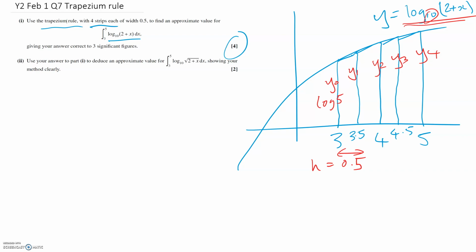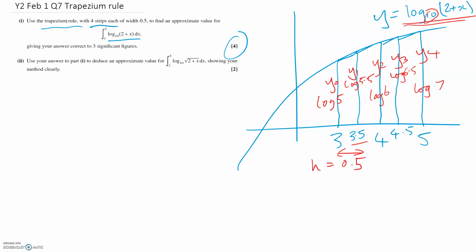So when x equals 3.5, you're going to get log 5.5. This is going to be log 6. This height y3 is going to be log 6.5, and this will be log 7. So those are the values of y0, y1, y2, y3, y4.